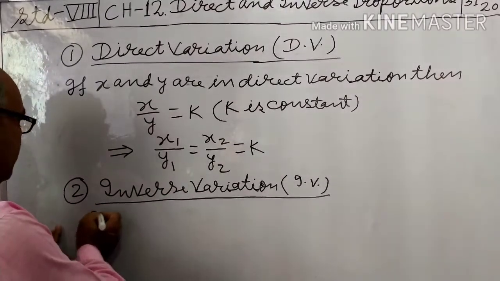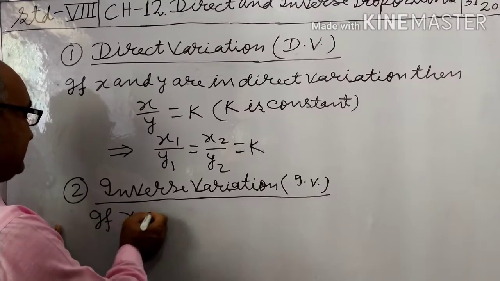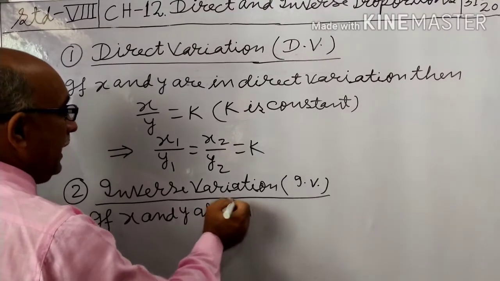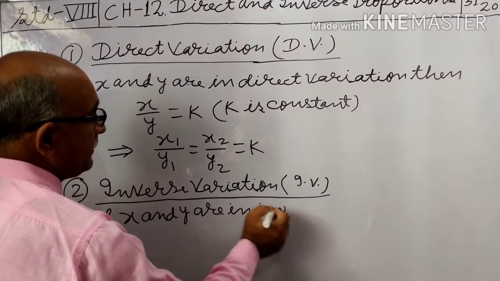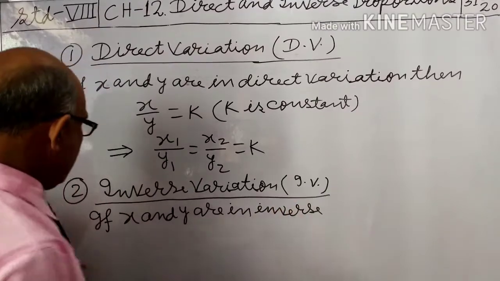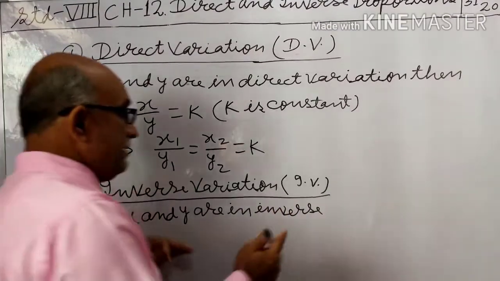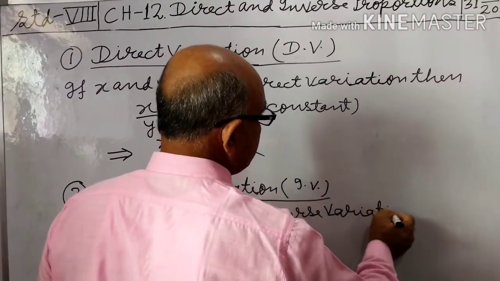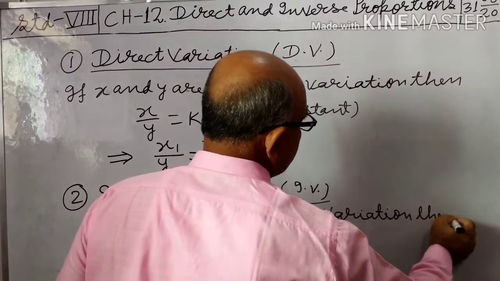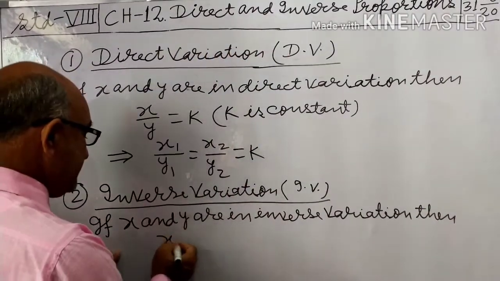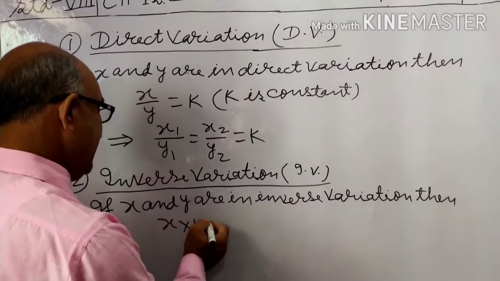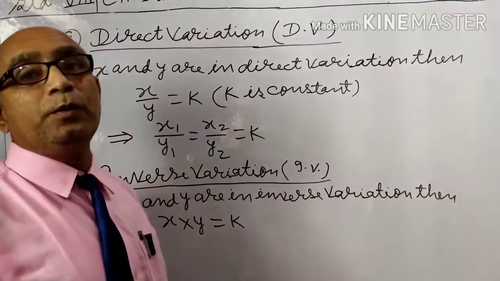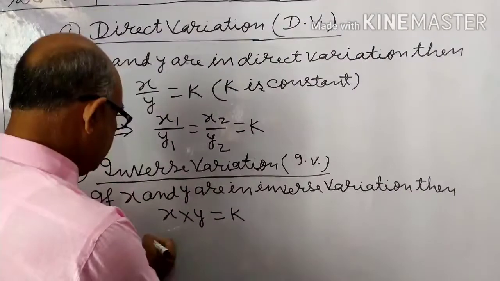So, if x and y are in inverse variation, then x into y equals k. In inverse variation, the product of two quantities is constant.